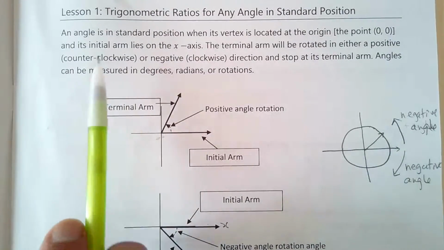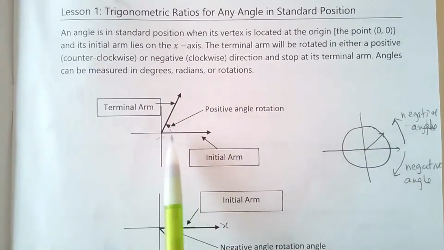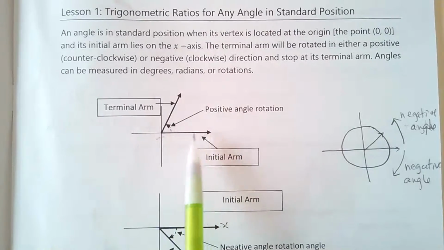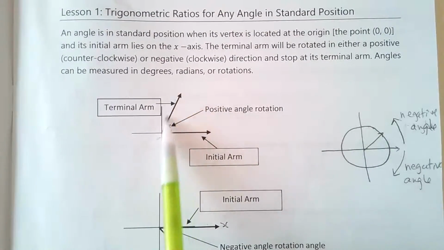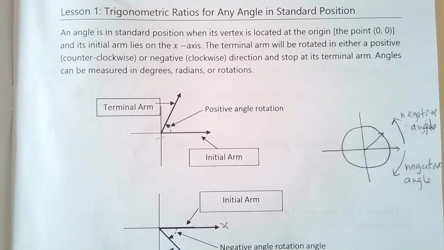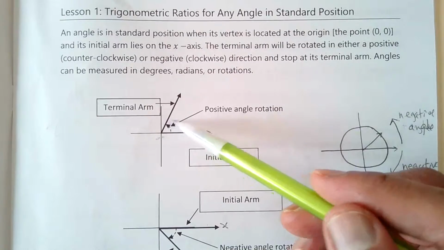Here we have your coordinate axes. The initial arm is your x-axis, the angle starts from the x-axis going up, and the other arrow points to the terminal arm. The angle in between here is positive.